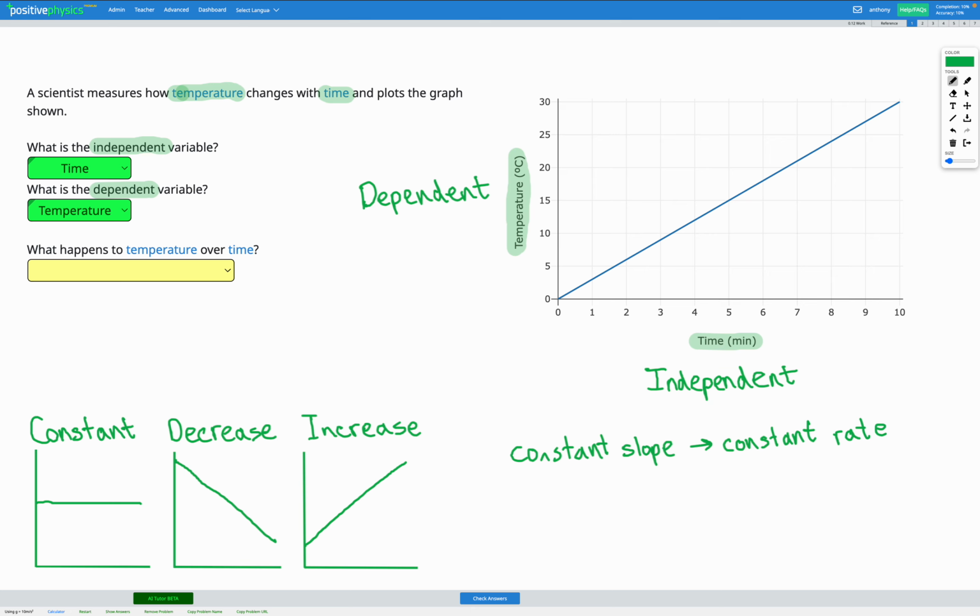If we have an increasing slope, in other words, getting steeper, that means we have an increasing rate.